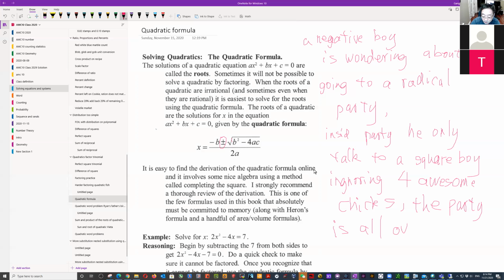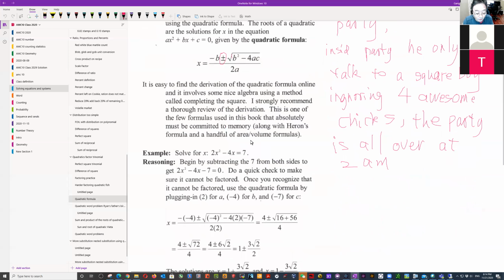If you're able to remember this story, you're able to recite this formula accurately. And if you can recite this formula accurately, you will be able to solve any quadratic equation without hesitation.